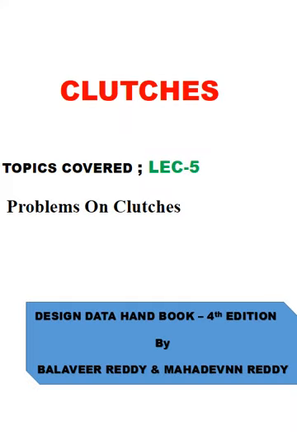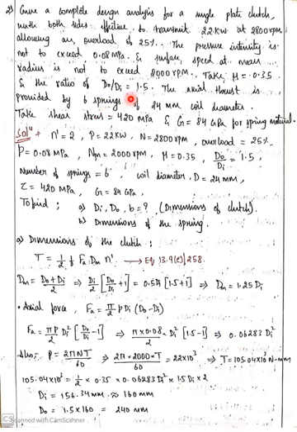Take mu equals 0.35 and the ratio of d naught by di is 1.5. The axial thrust is provided by 6 springs of 24 mm coil diameter. Take shear stress equals 450 megapascal and G equals 84 gigapascal for the spring material.